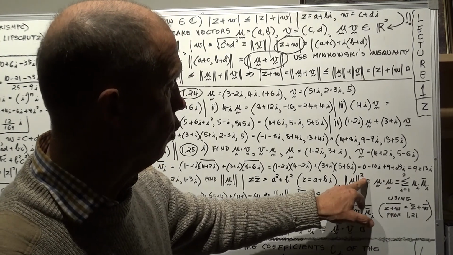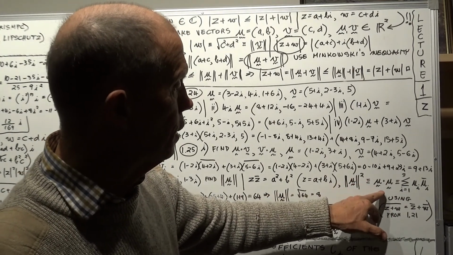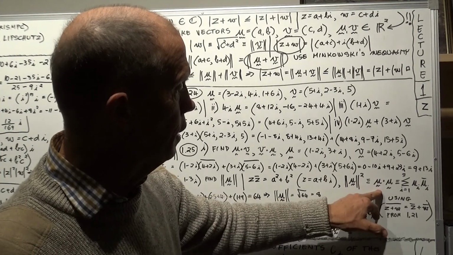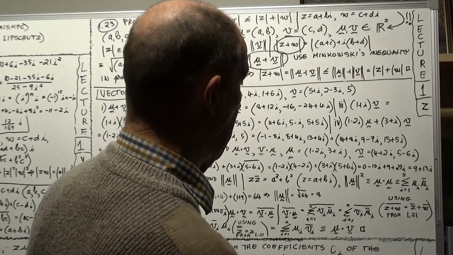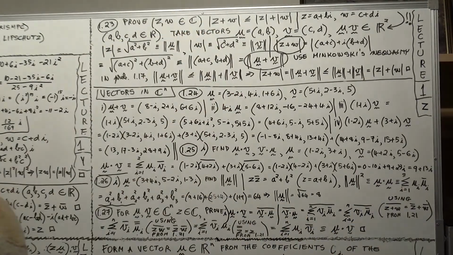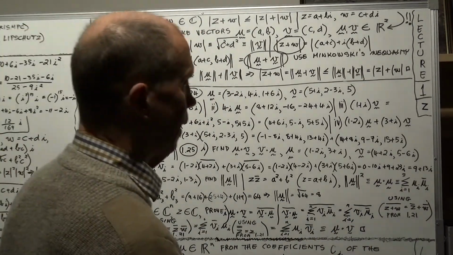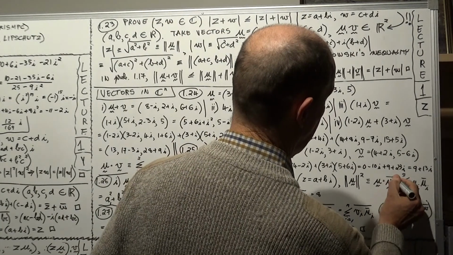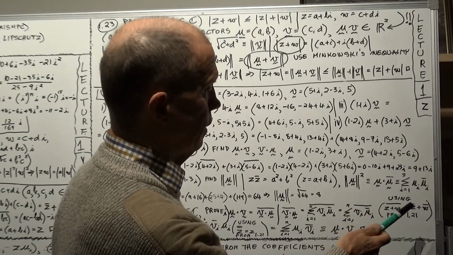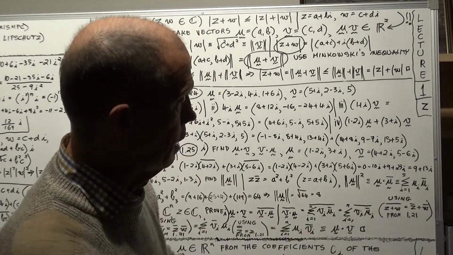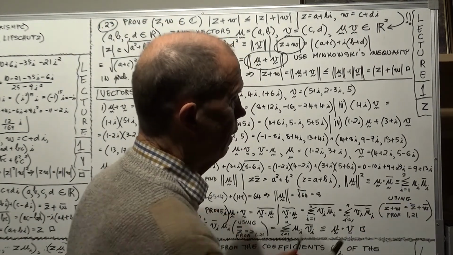And yes, if you square the norm, then it's just the dot product, but use a complex form. Perhaps I could put a bar over here, to make it a bit clear. It just depends how you write it. So here's the essential part.